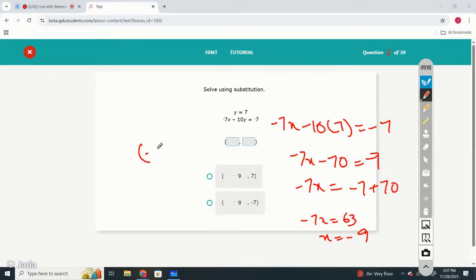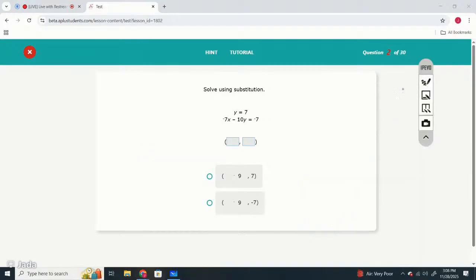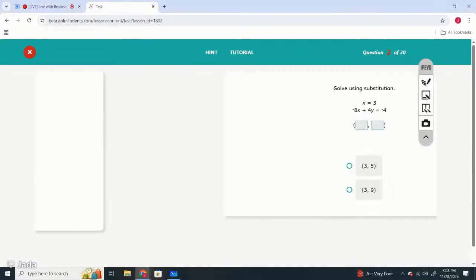So x equals negative 9, y equals 7. So that is negative 9 and 7. So option number 1 is the correct option.